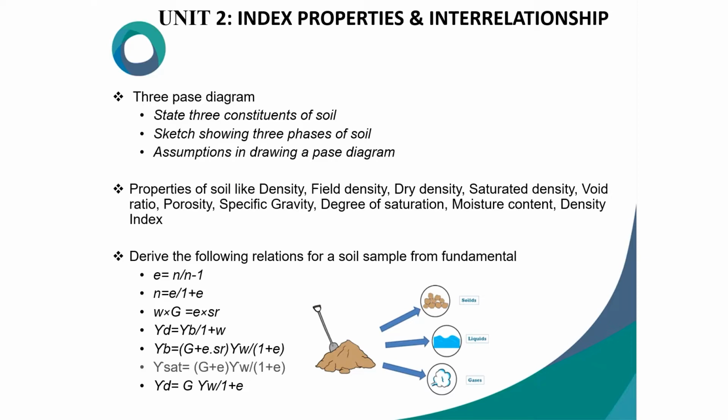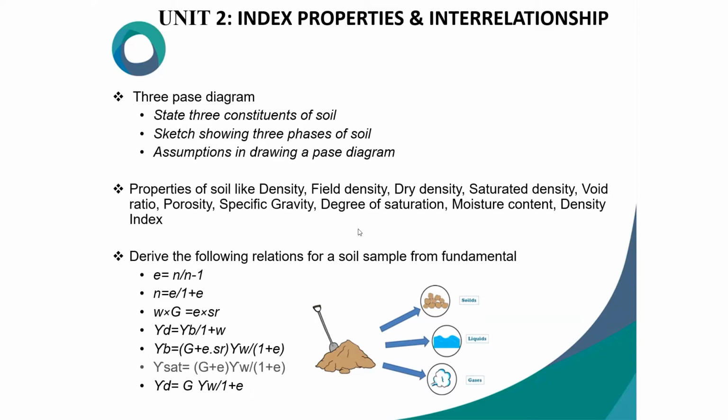And coming to this, derive the following relationships. Once we understand all these definitions, then we derive them. Why do we want to do this? Why is it essential? The reason is, once you know the density value, suppose you want to design the foundation and in the soil report some data are missing.